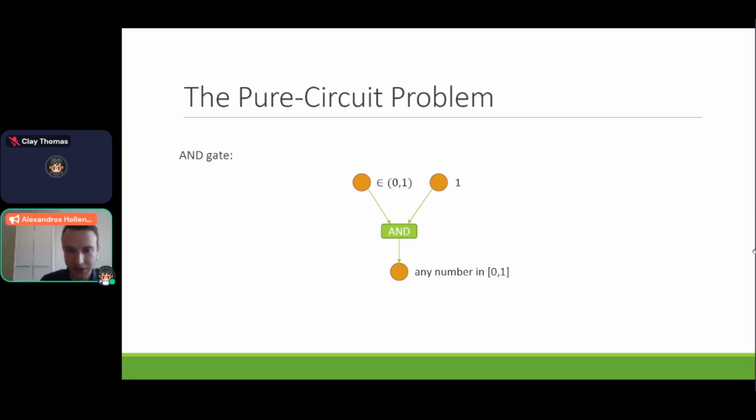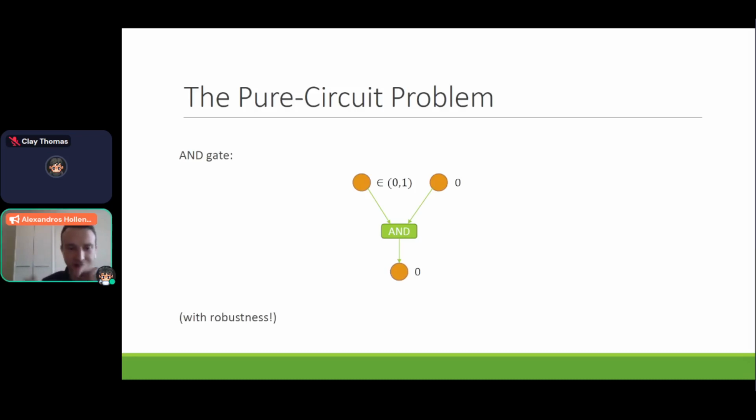But there is one more interesting case, which is what if I change this 1 over here into a 0? Okay, so in this case, something interesting happens, namely the AND gate, because there's a 0 over here, no matter what this value is, it already knows that the result should be 0. And so in that case, the AND gate is actually going to demand that you output 0.